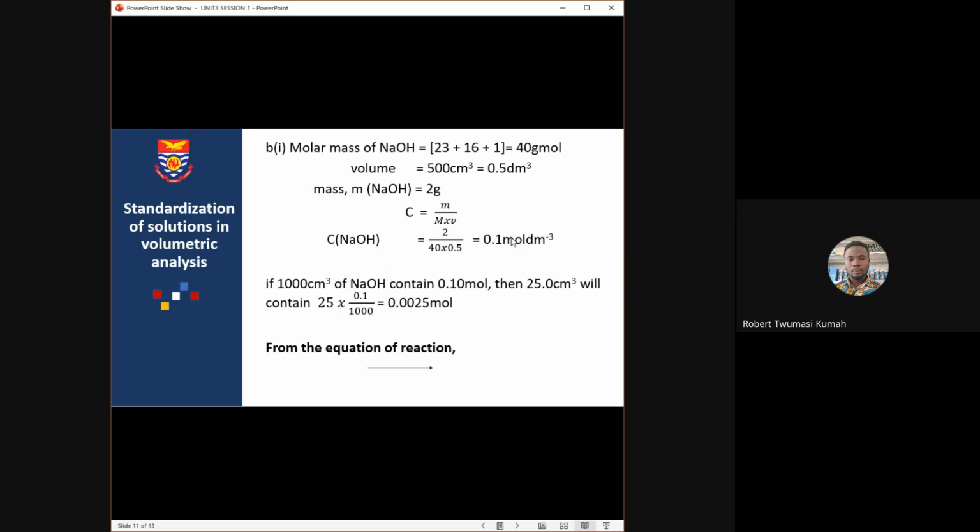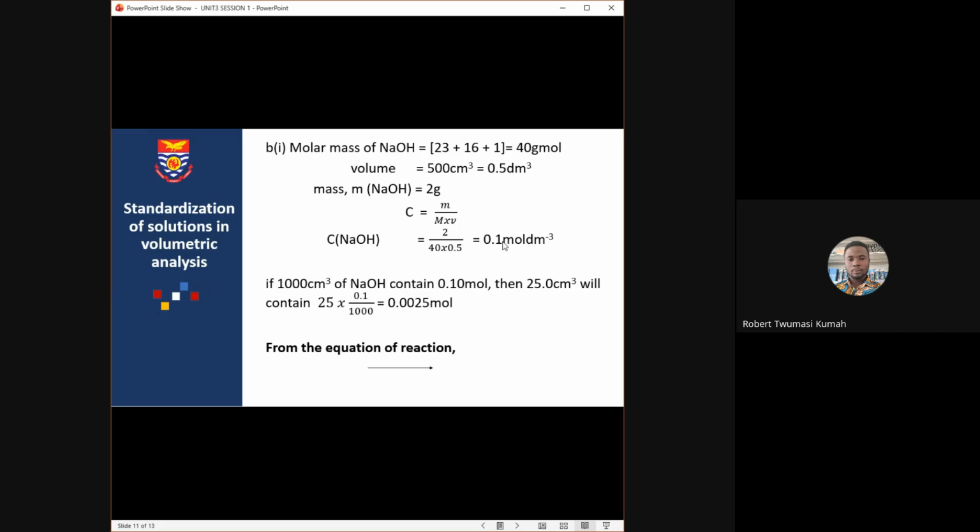Okay, like 25. So if that's the case, then if George had 0.1 moles in the whole of the 1,000 and he only fetched 25, obviously we are not going to have the whole of the 0.1 in the 25 that he has fetched because he dissolved it, stirred it evenly.